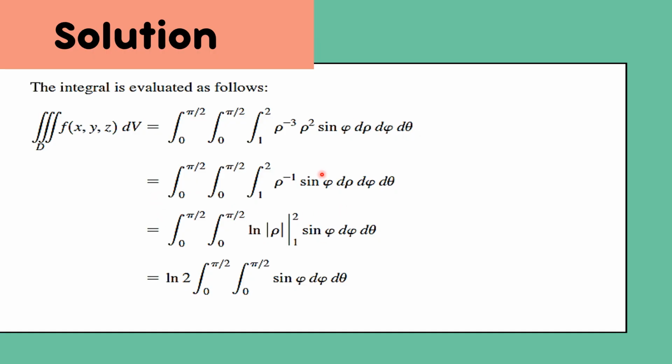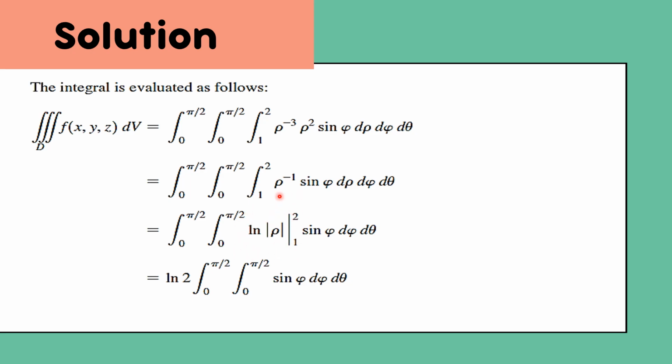Simplifying the integrand, using some laws of exponents, we get rho to the negative 1.